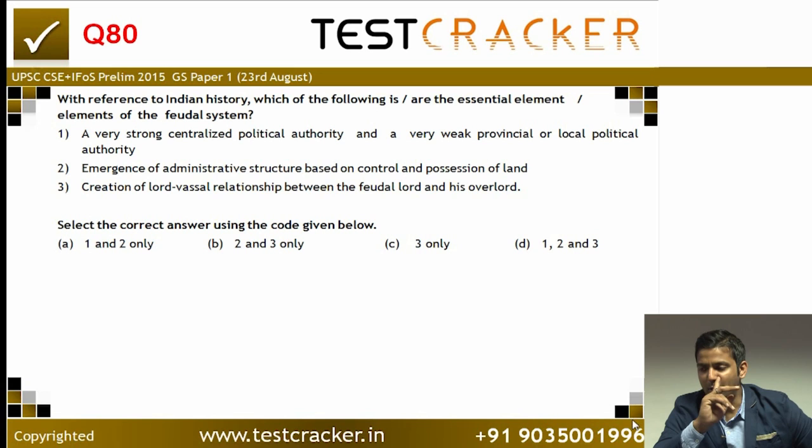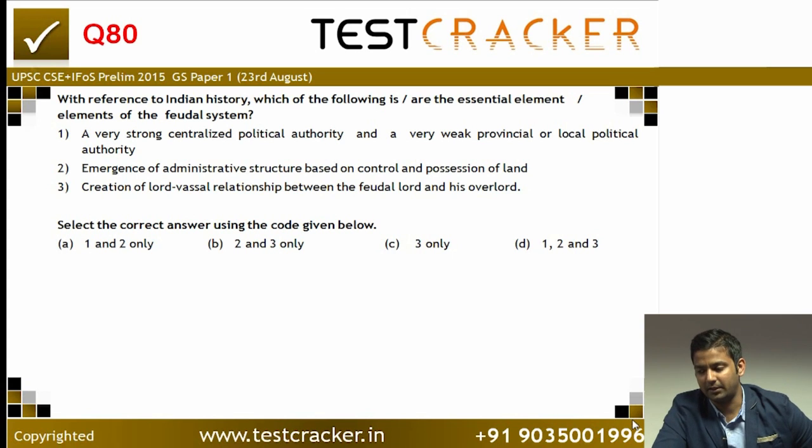Now, question 80 is about the Indian feudal system. Although many experts would say India never had a feudal system, because feudal system is associated with medieval Europe. So, that is what you call feudal system, but we had a sort of feudal system. Now, you need to read the statements, and here the right approach would be to select the one which is definitely correct, reject the ones which are definitely incorrect.